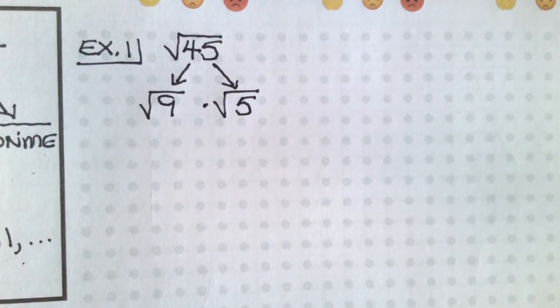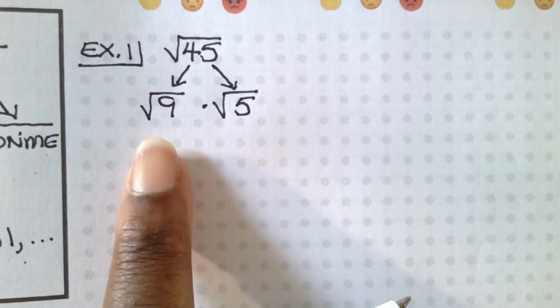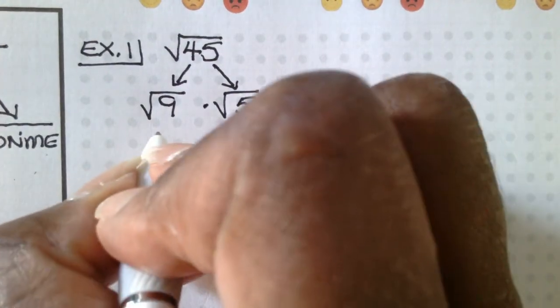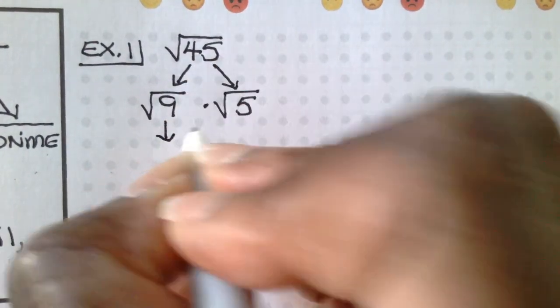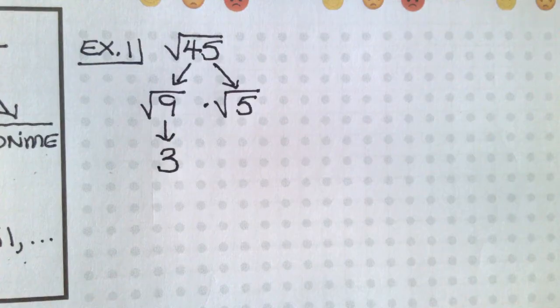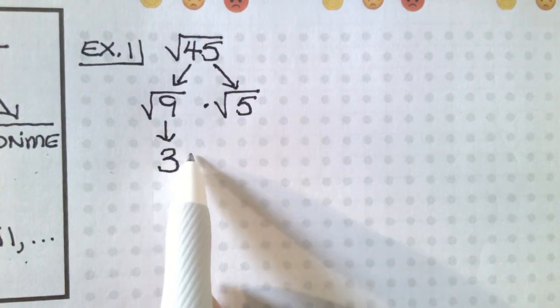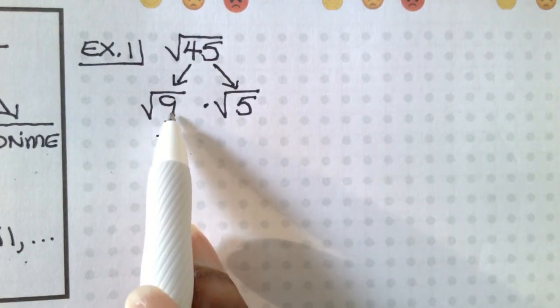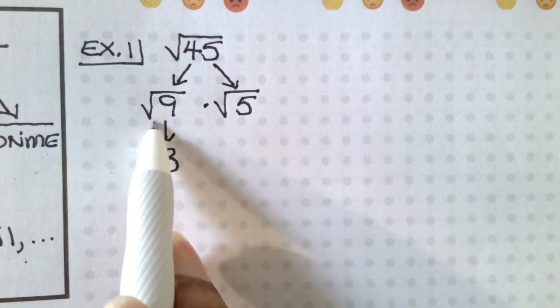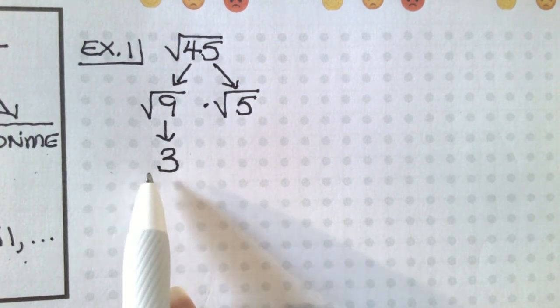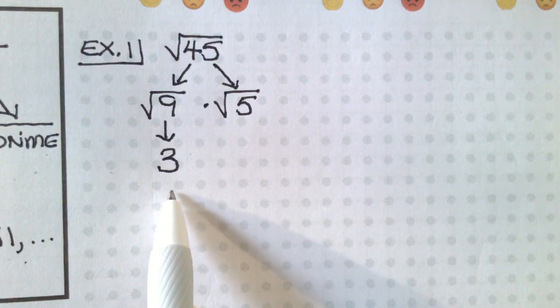Right? So here's my thing. The square root of 9, that's a perfect square root. So the square root of 9, which gives me 3 squared in the reverse, is just simply going to be 3. Because 3 squared gives me my result of 9, and the inverse of a square is a square root. So the square root of 9 gives me a whole number of 3. No longer do you have to put it underneath a square root.